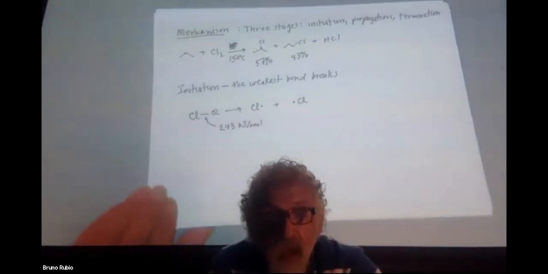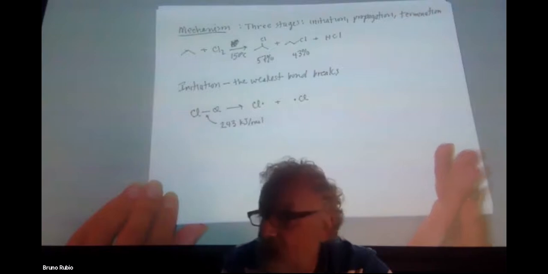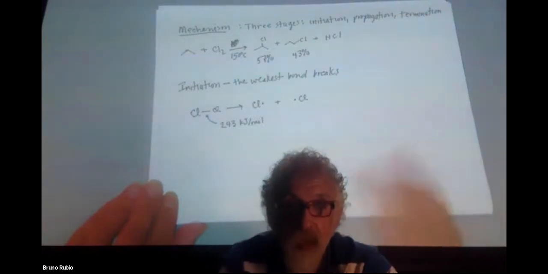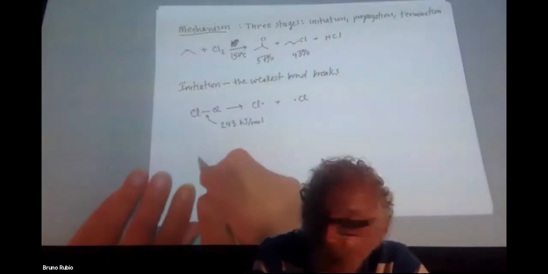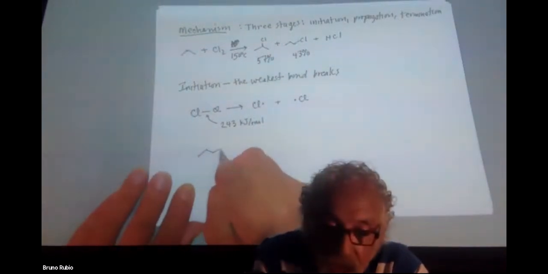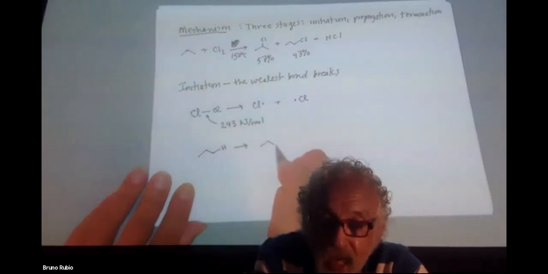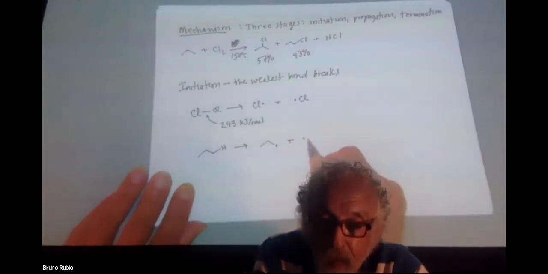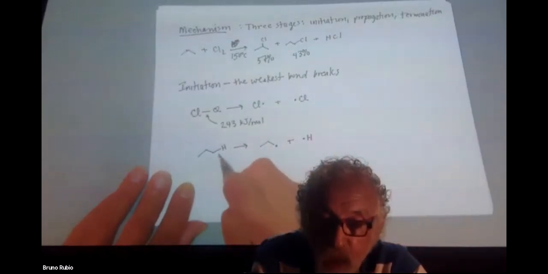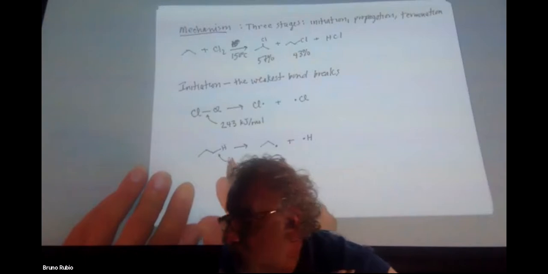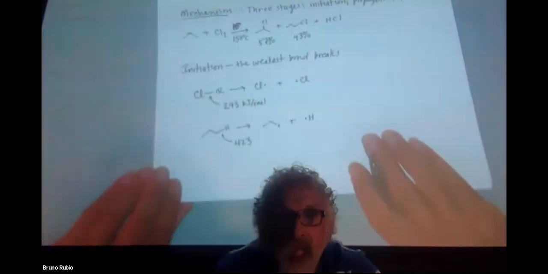Now let's look at the bond strengths of some of the other things in the system, the reaction system before anything has happened. How about breaking one of the bonds of the alkane to make an alkyl radical plus a hydrogen atom? This bond is worth 423 kilojoules per mole, so it's much stronger.